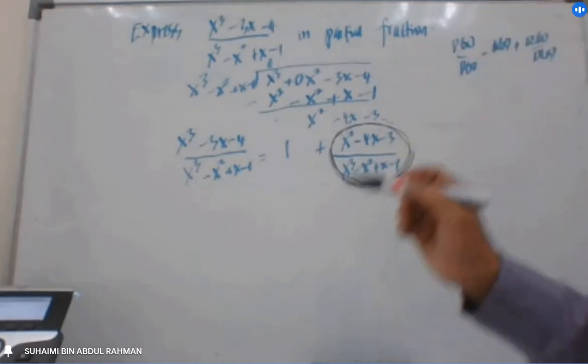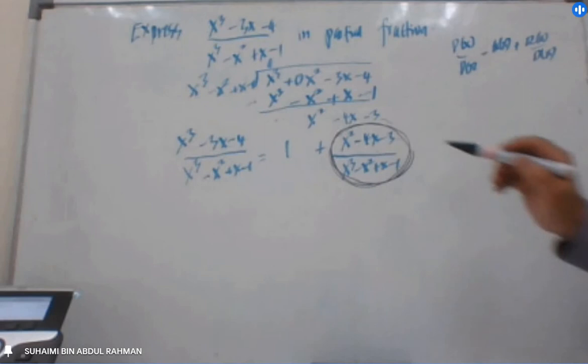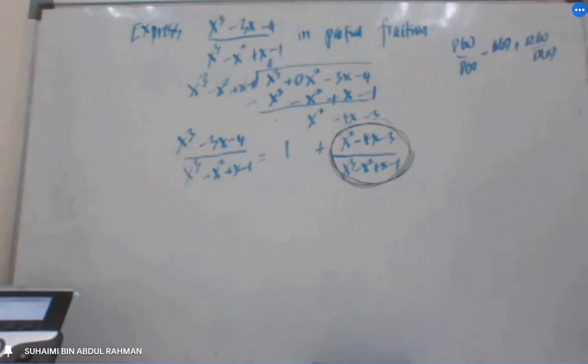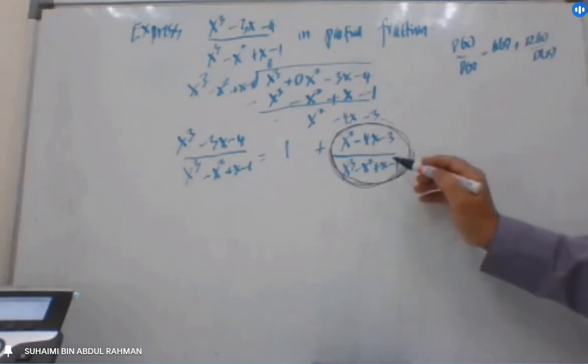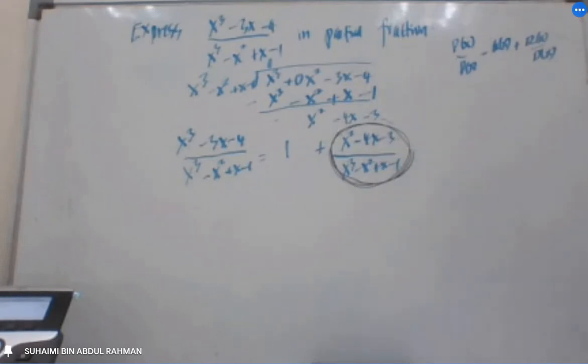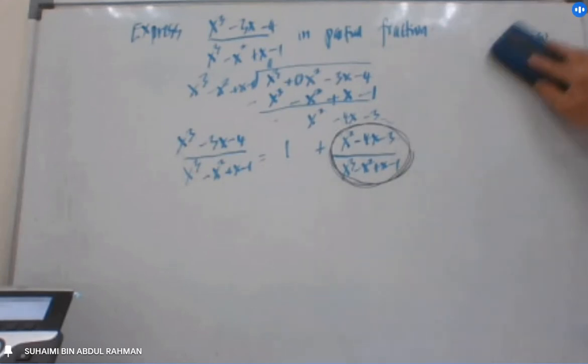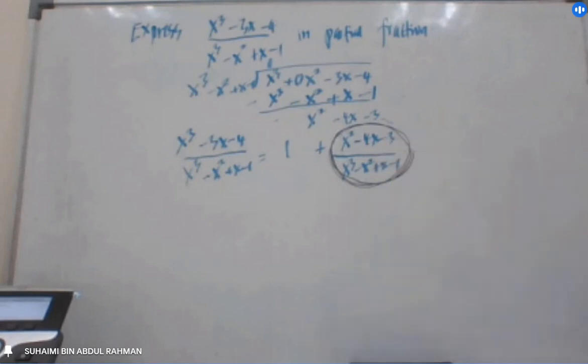Remember, a rational function comes from one polynomial divided by another polynomial. The general form of a polynomial is a_n x to the power of n.